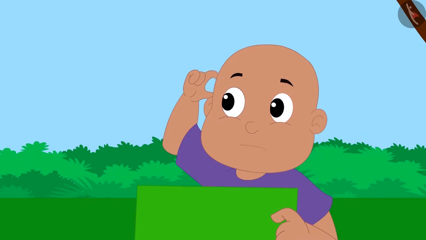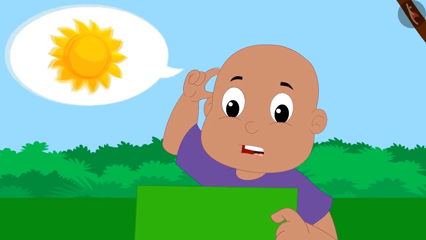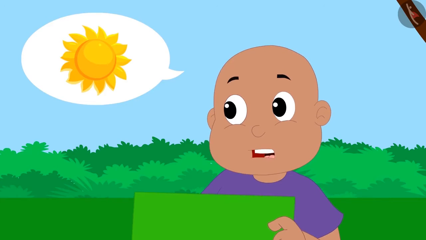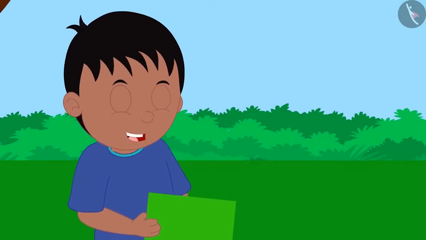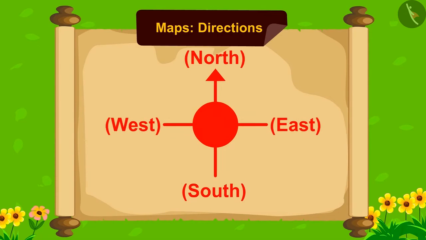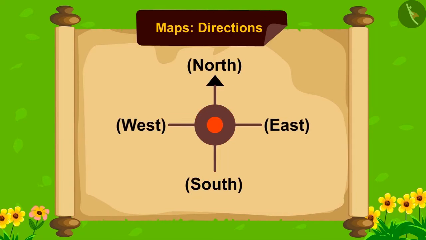But Raju, there is no sun shown on this map. Then how did you recognize the directions? Look, this is called a compass. Using this, we can determine the directions on any map.